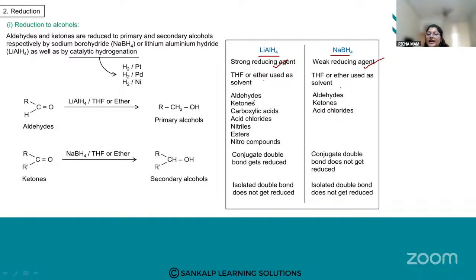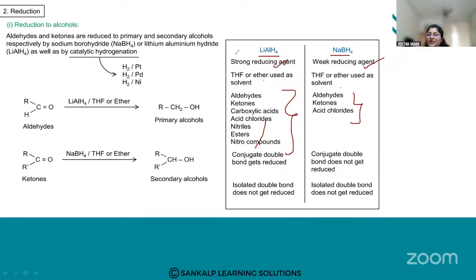Aldehydes, ketones, carboxylic acids, acid chlorides, nitriles, esters, and nitro compounds are reduced using lithium aluminum hydride. Sodium borohydride is used for aldehydes, ketones, and acid chlorides.